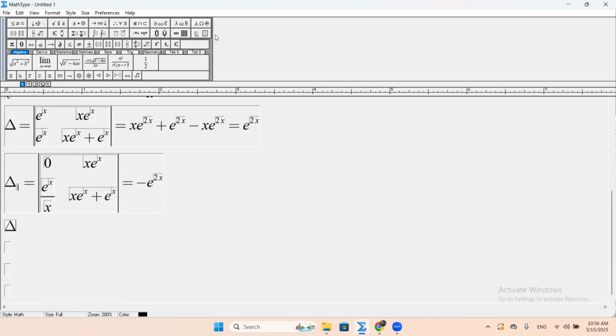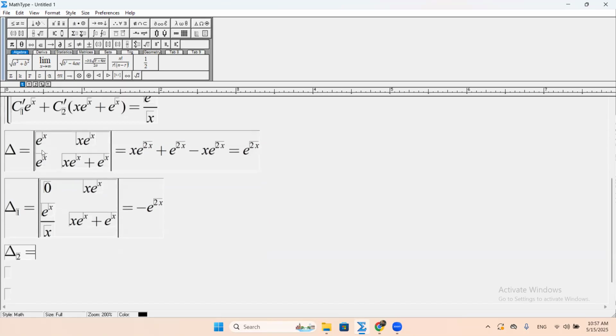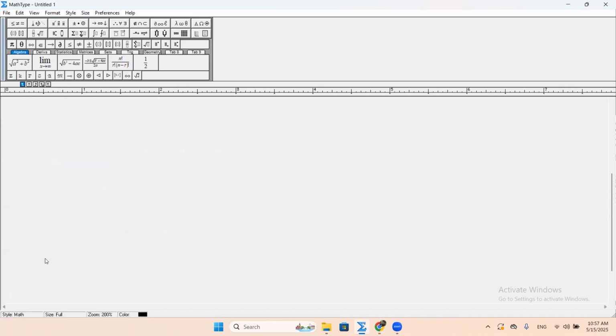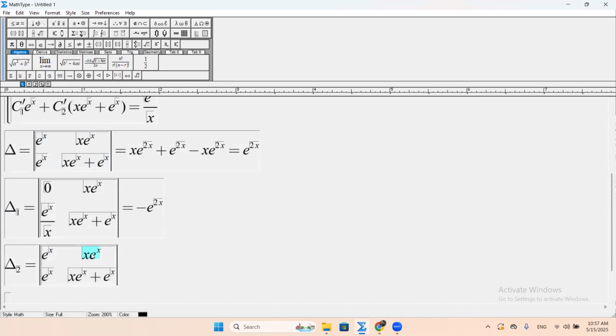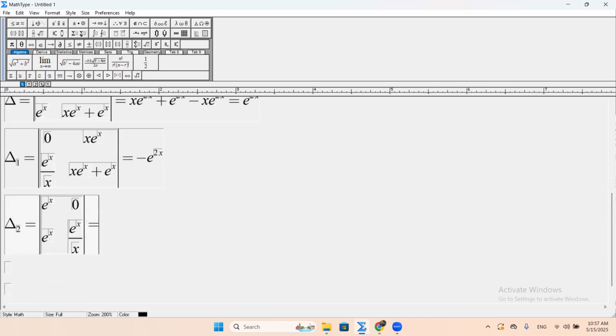Then delta 2. So 0 here, and e to the power of x over x here. And I will receive e to the power of 2x over x.